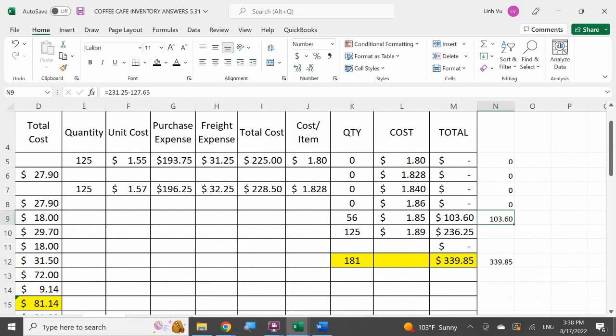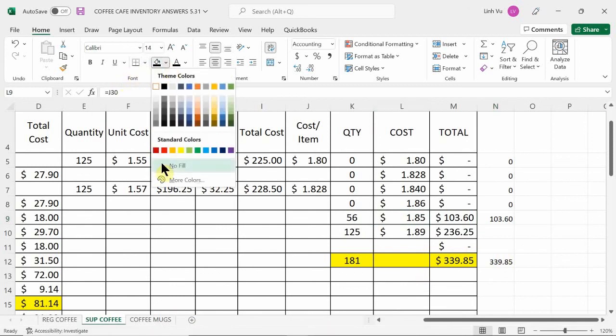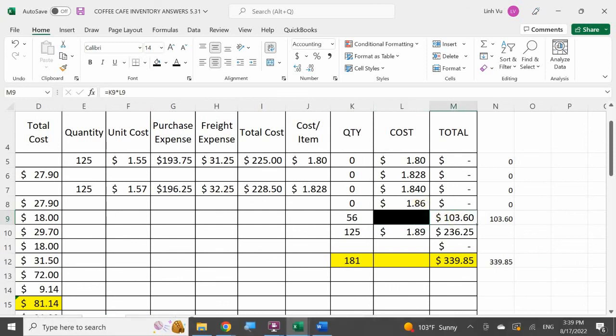So on my spreadsheet, that's why I have blank sides on the side, because it helps me do other things. Now, what I can do here is to tell myself not to use this number, because even though I didn't do anything to it, all I did was fill in the box, right? That will tell me not to use that number. And what I would do here is I will calculate. So what was it? 103.60.